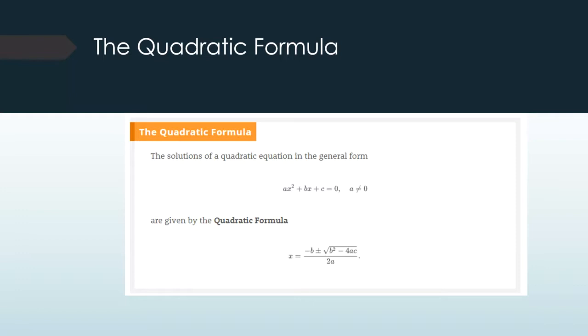You have to have it equal to 0, and then you have this specific formula that you have to use. That dot there is just a period, not part of the formula. It's negative b plus or minus the square root of b squared minus 4ac, all over 2a.